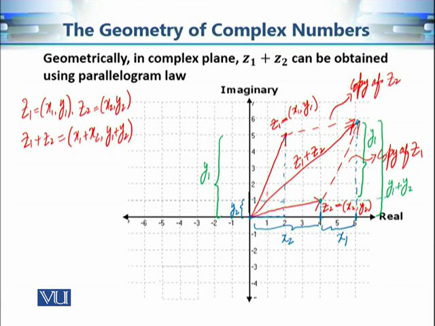So we can say that this point has coordinates x1 plus x2, since this is the length x1 plus x2, and this length is y1 plus y2. So the y coordinate of this point is y1 plus y2. Since this is the addition of these two vectors, and this is also the addition of these two complex numbers, this point has coordinates which is the addition of these two complex numbers. So we can say that addition of two complex numbers and addition of vectors are analogous, they are the same.